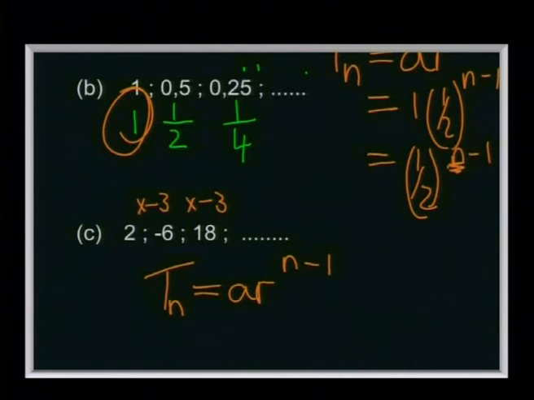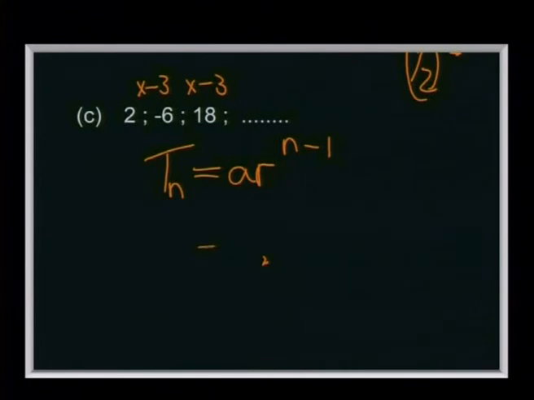Remember guys, a is your first term, and the first term in this case is 2. r stands for the common ratio. So what do I multiply with from one term to the next? And r is negative 3. And really guys, this one can't be simplified any further. And in fact, it'll be a huge crime if you multiply 2 times minus 3. Please, it's not minus 6.